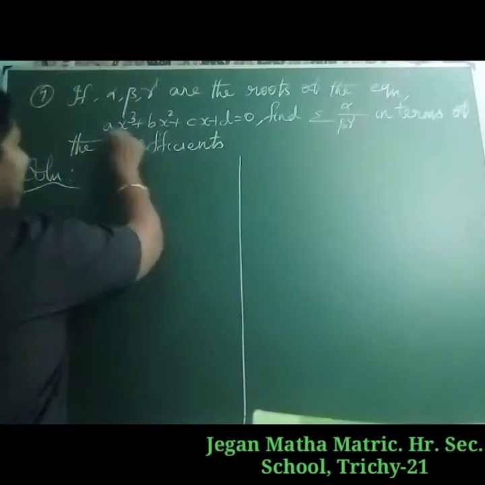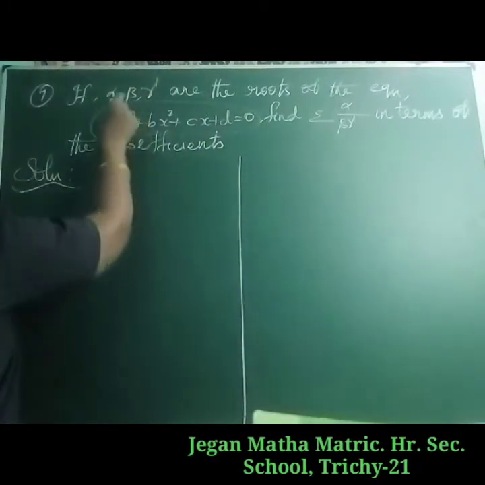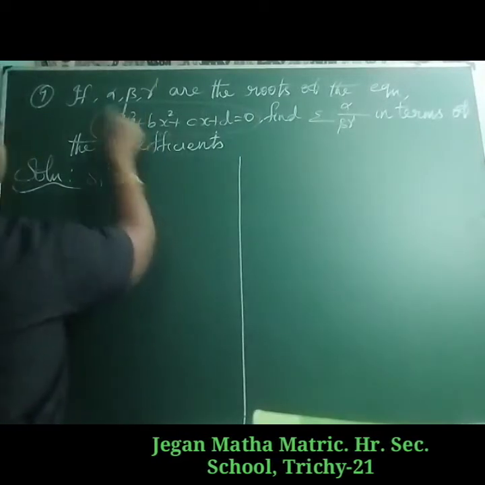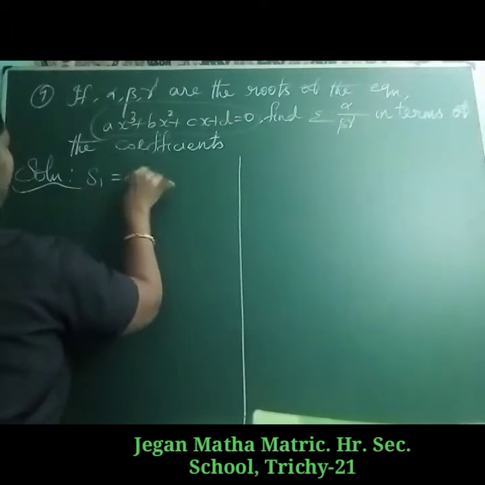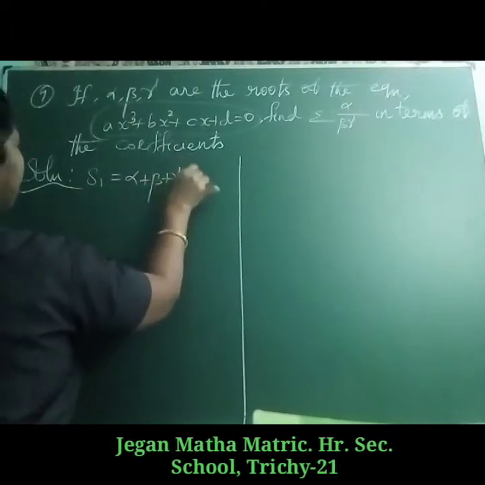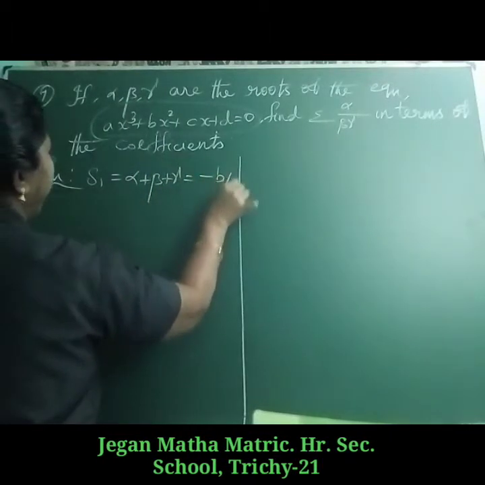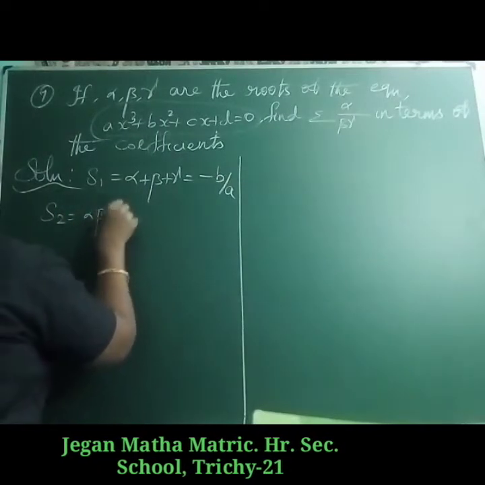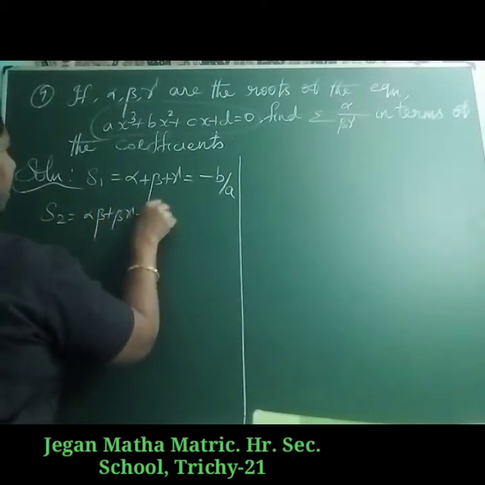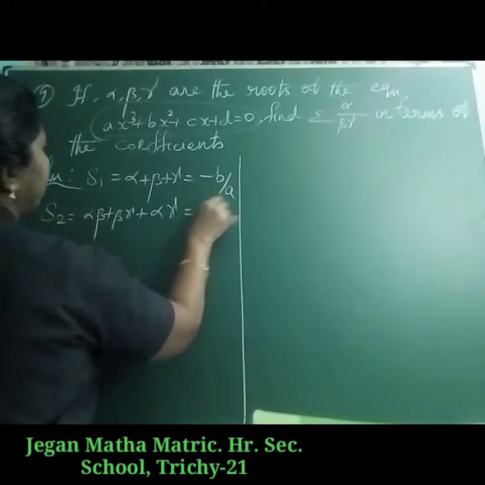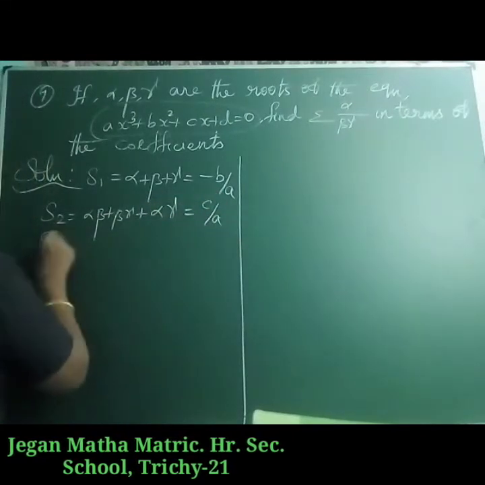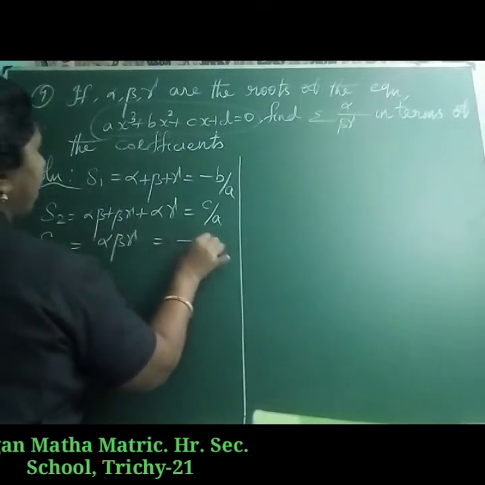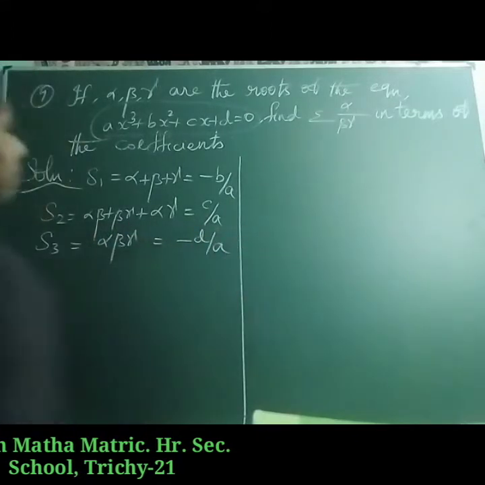Here also from the given equation, since the power is 3, first we can write S1: alpha plus beta plus gamma equal to minus b by a. Second summation, alpha beta plus beta gamma plus alpha gamma equal to c by a. Third one, S3 is equal to alpha beta gamma equals minus d by a.